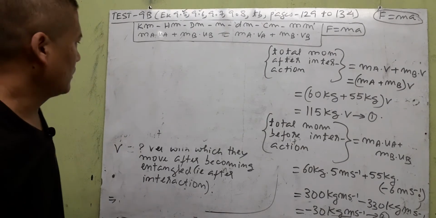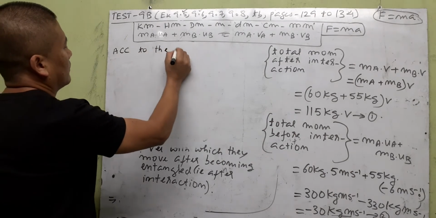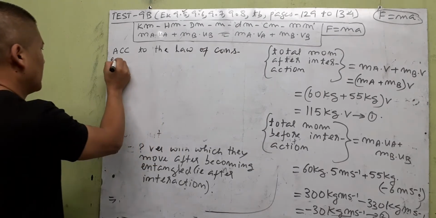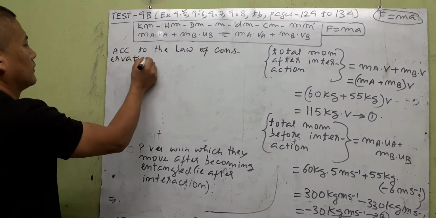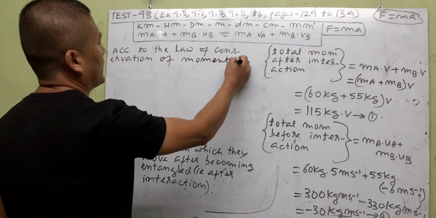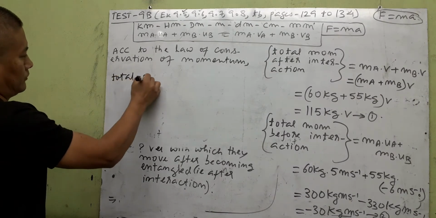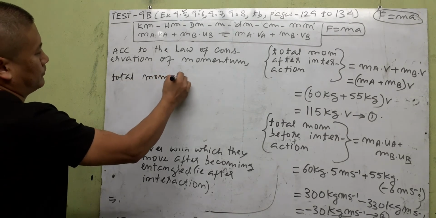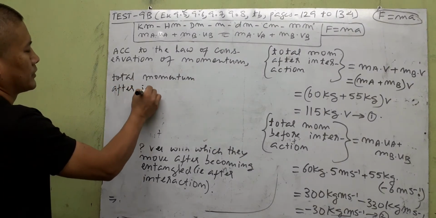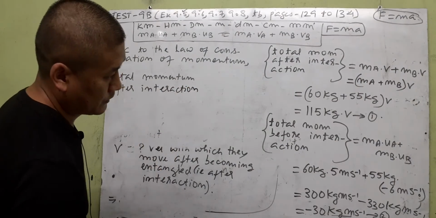So according to the law of conservation of momentum, we know total momentum after interaction is equal to total momentum before interaction.